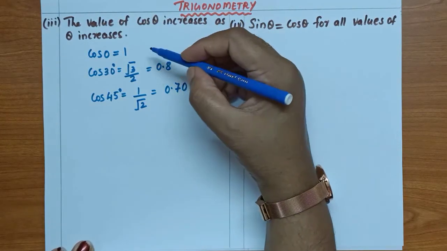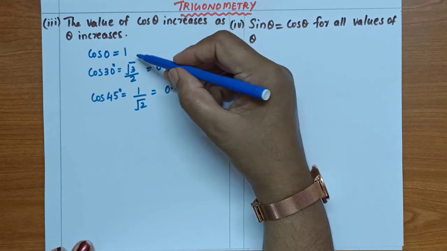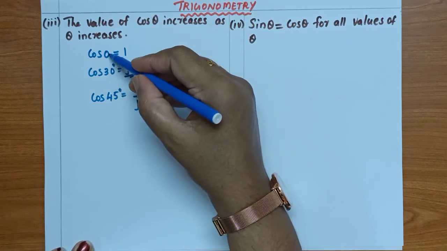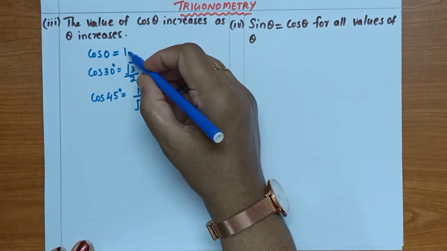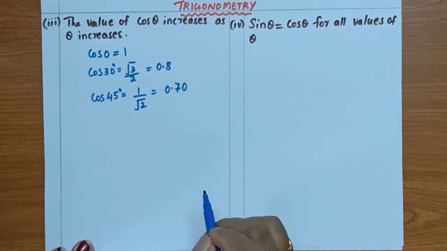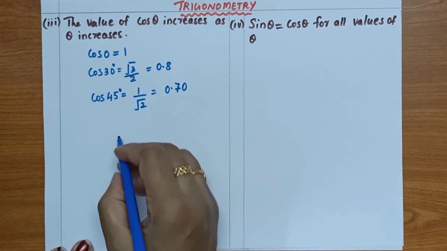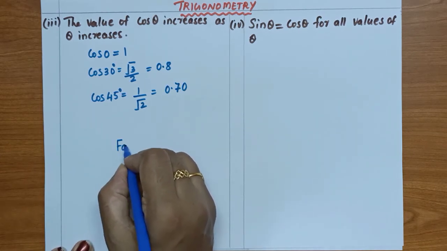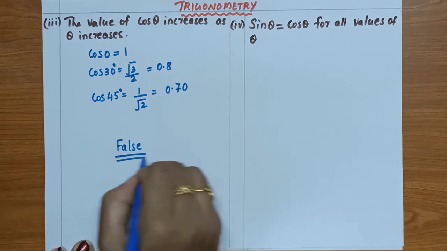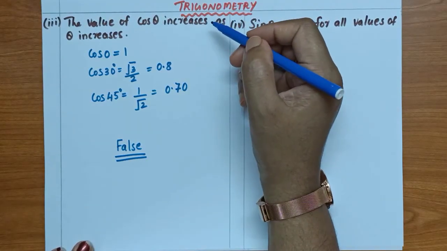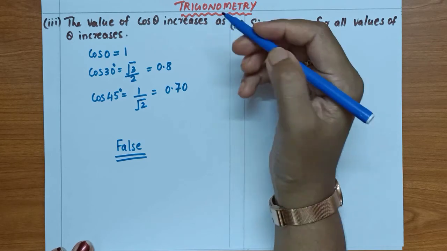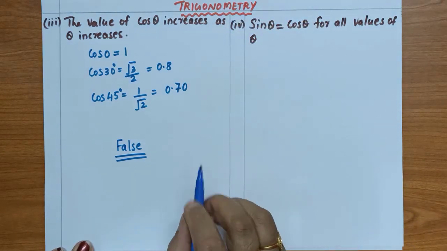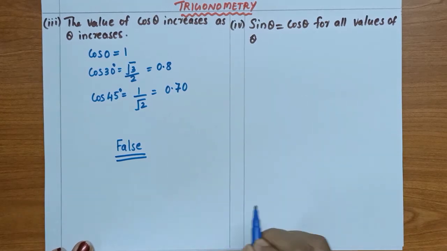From there itself we can see it is decreasing. When theta increases, cos theta is decreasing. So the statement is false. When theta increases, cos theta will not increase, it will decrease.